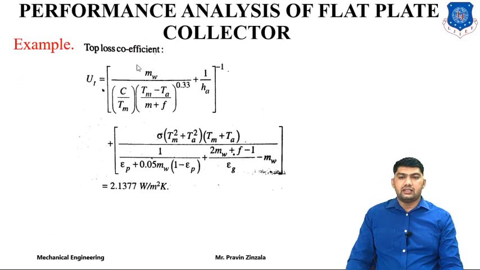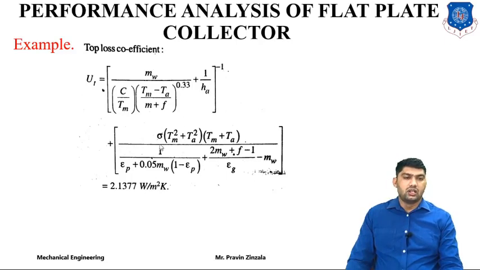Next we will calculate the top loss coefficient. This is the equation of top loss. In the given data, the top loss is equal to [mass flow rate C by Tm minus Ta, divided by N plus f], raised to 0.33, plus 1 upon hA convective transfer, the whole raised to minus 1, plus this equation.